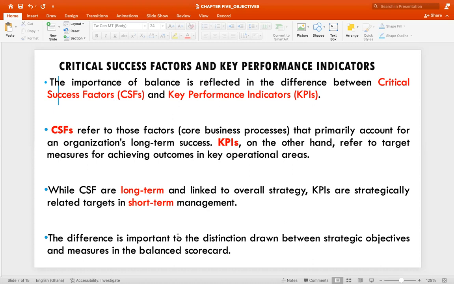All right. So the difference is important to the distinction drawn between strategic objectives and measures in the balanced scorecard. That is what I was trying to tell you, that they have a relationship with your financial objectives as well as strategic objectives that we just explained, okay?